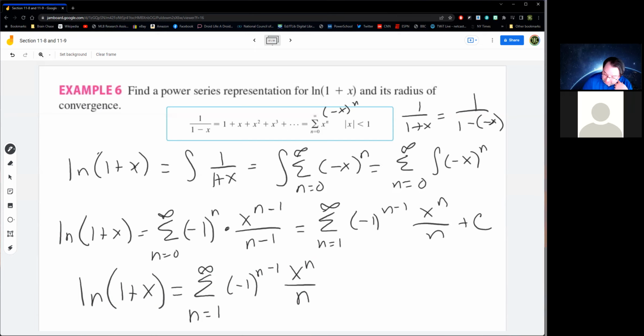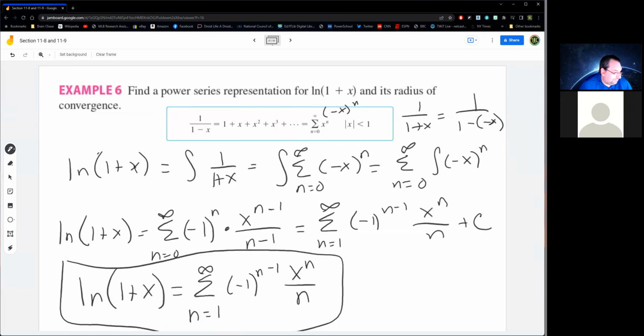So that c equals 0, because that would balance out the side. If I plugged 0 in there, that whole side's 0. And the interval stays the same: x is less than 1.